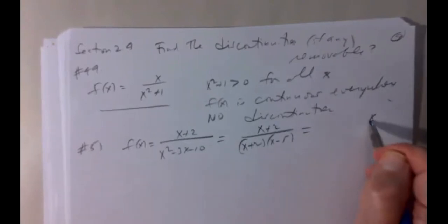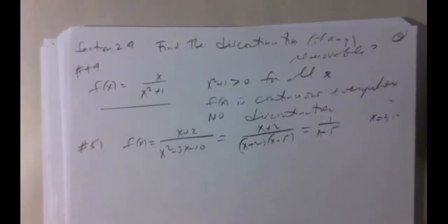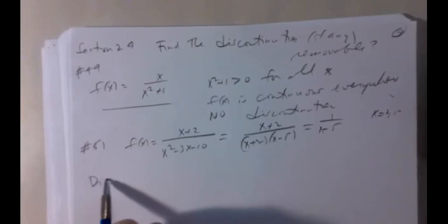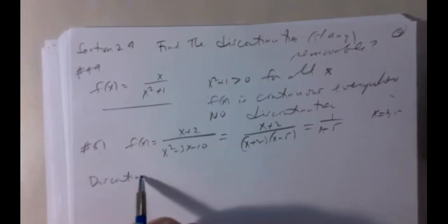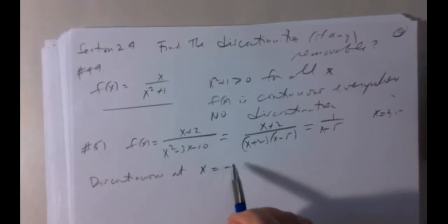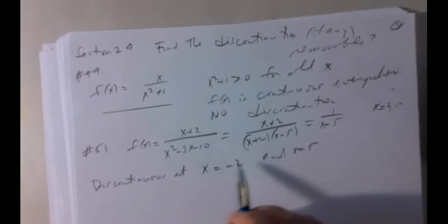So for x not equal to negative 2 or 5, this is the same as 1 over x minus 5. So this function is discontinuous at x equal negative 2 and x equal 5.